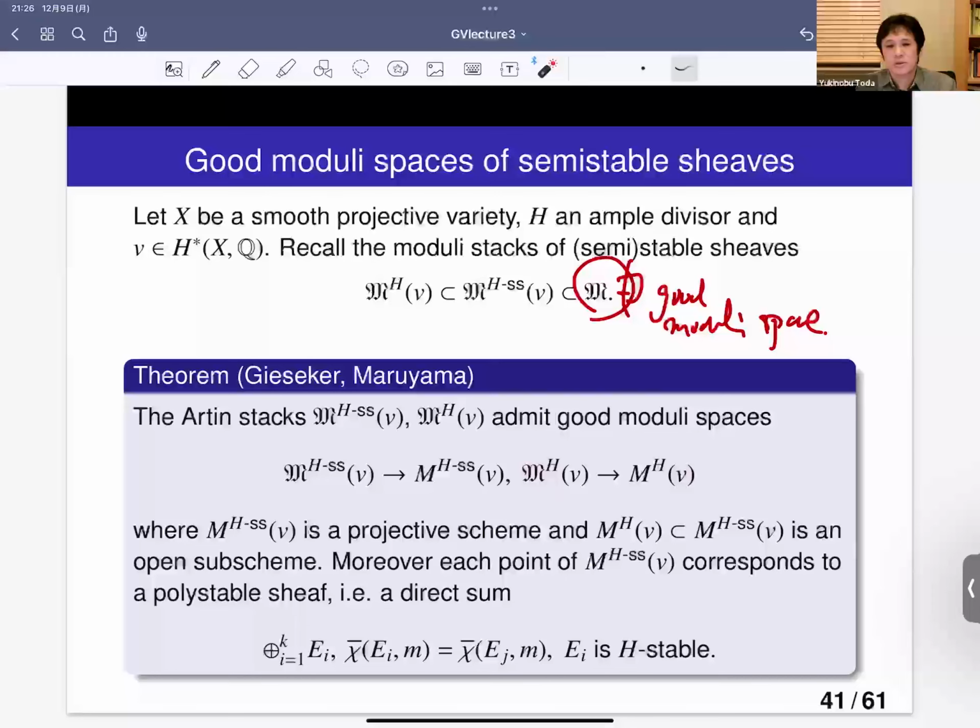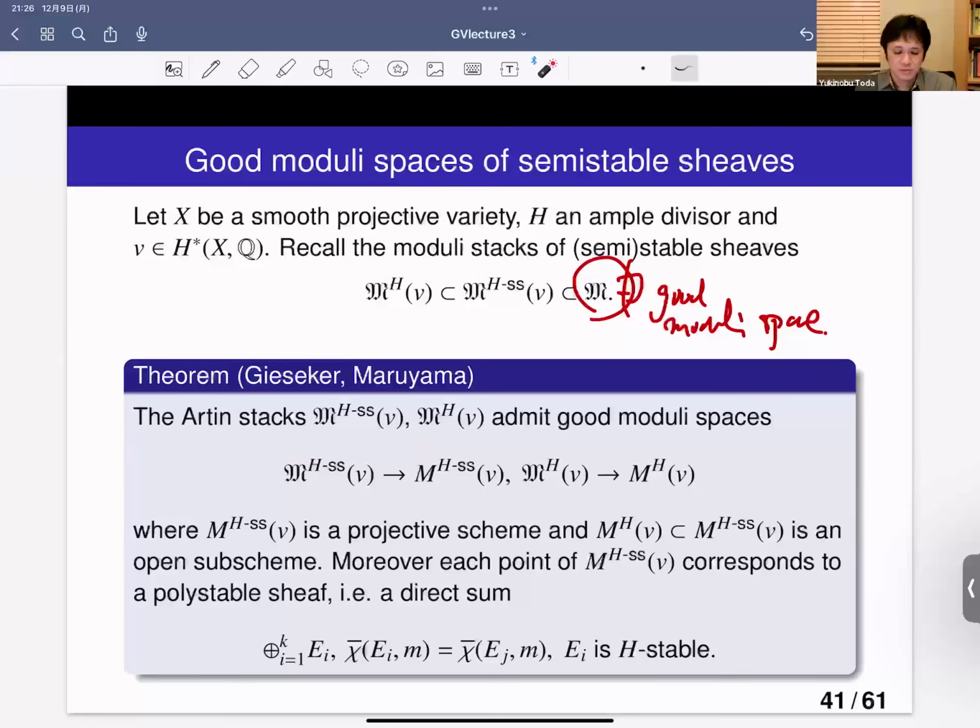In fact, this is a result of the so-called GIT quotient. In the case of the moduli space of semi-stable sheaves, there is a way to construct moduli spaces as an explicit GIT quotient. By taking the honest GIT quotient, this is a GIT quotient stack, and this is an honest GIT quotient, which gives a good moduli space in the sense of the previous slide.